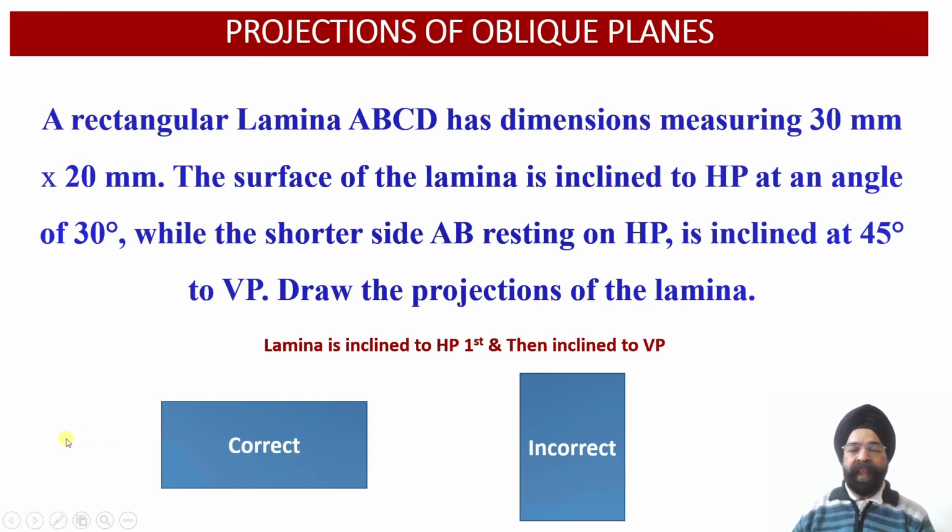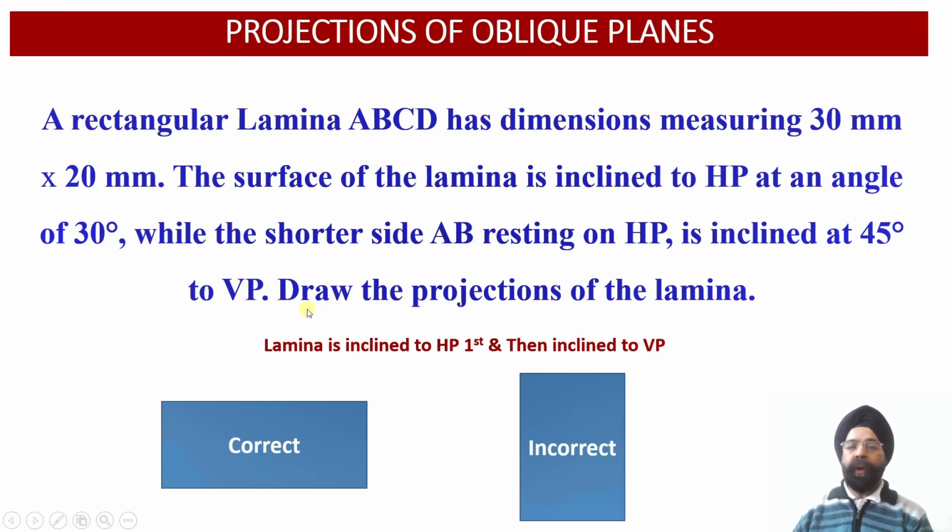This needs to be drawn below the XY reference line. And then we have been provided with the information that this edge of the lamina is further inclined with respect to the vertical plane at an angle of 45 degree. So this becomes an oblique rectangular lamina, which is inclined to the horizontal plane first, and then inclined with respect to the vertical plane.